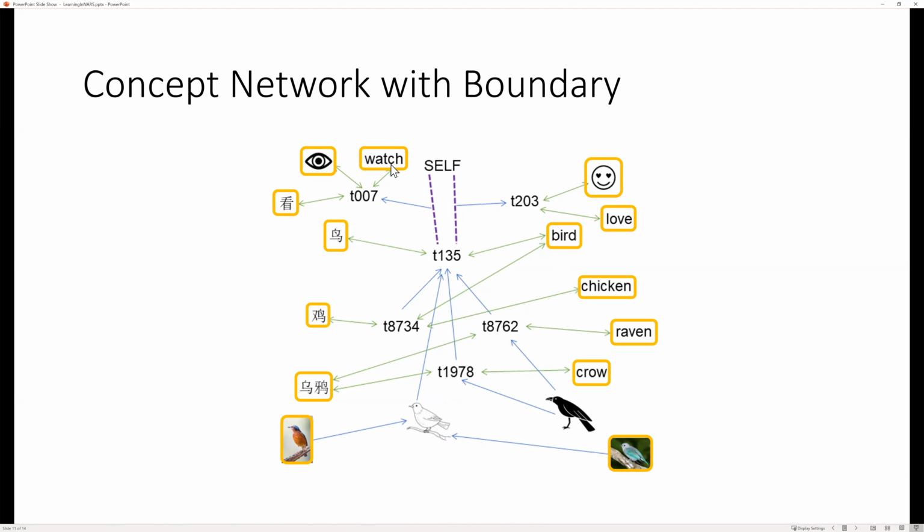Here we also have operations involved, like you can control your sensor, you can control your actuator, and so on. Okay, so everything is in such a network. The difference is some of them are on the boundary. That's why I put a yellow frame around.